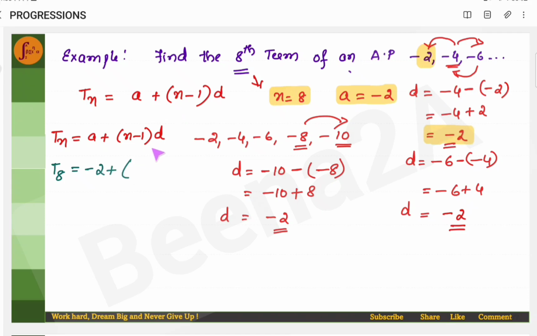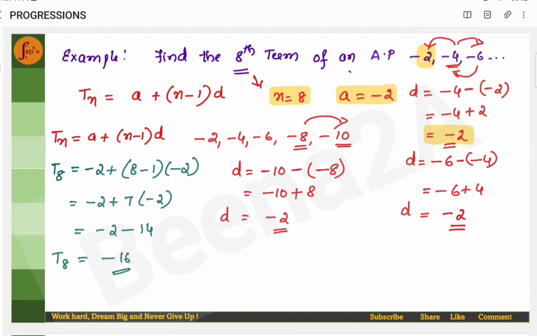So minus 2 plus 8 minus 1 into the difference. The difference is minus 2. Correct? Now minus 2 plus 8 minus 1 is 7, into minus 2. 7 into 2 is 14, so minus 14. So I will get minus 16. So my eighth term is minus 16.